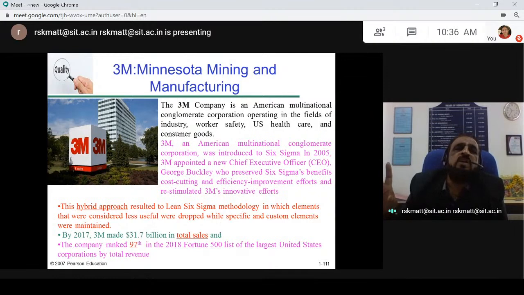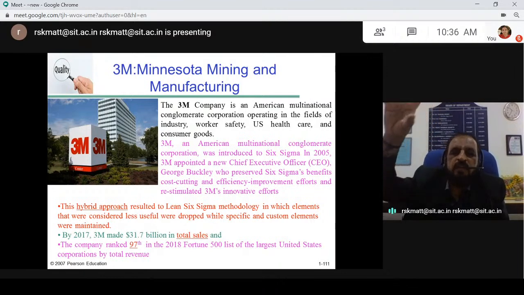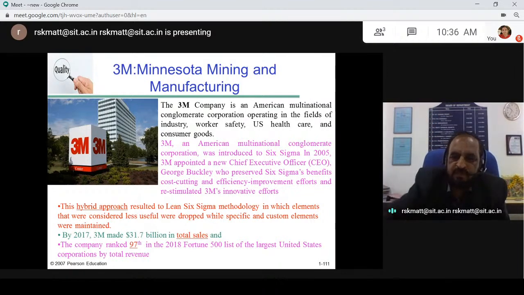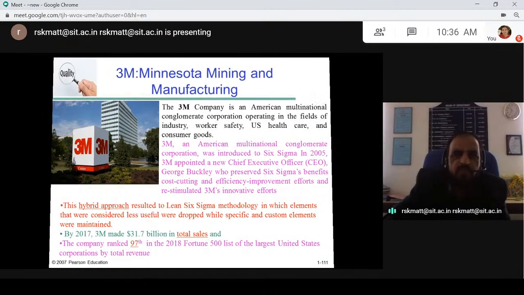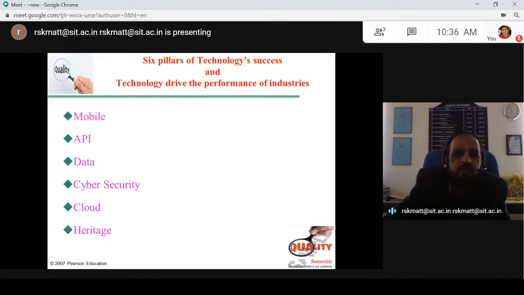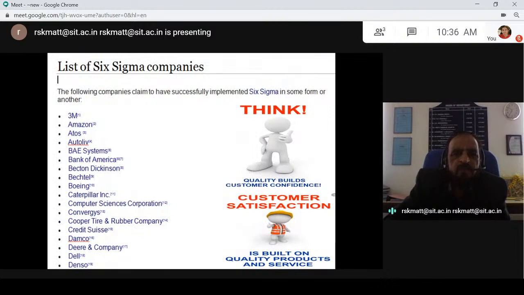Every year the whole world assesses company performance and puts it in a list called the Fortune 500, based on best practices. These are some of the five pillars of technology success, and they drive industry performance. And these are some of the Six Sigma companies across the globe.